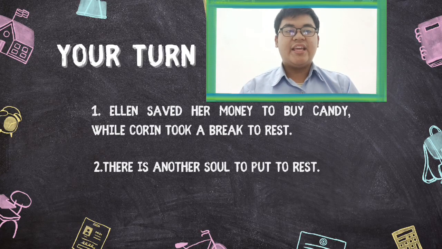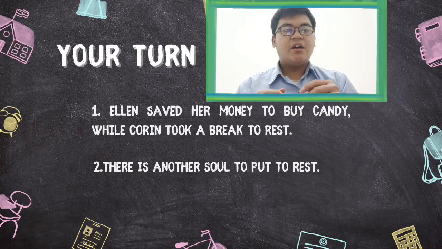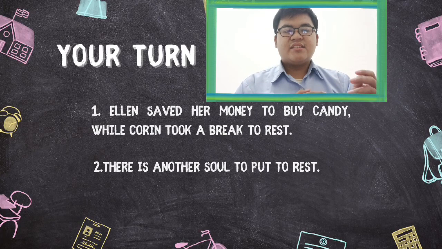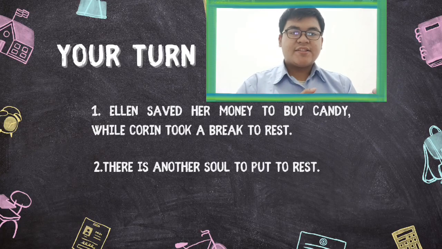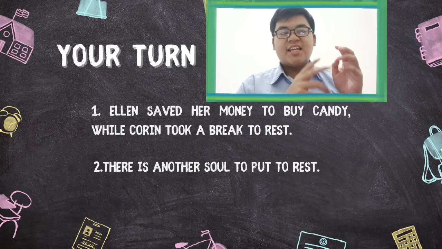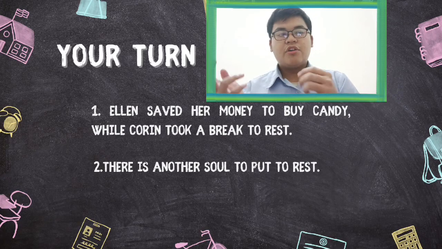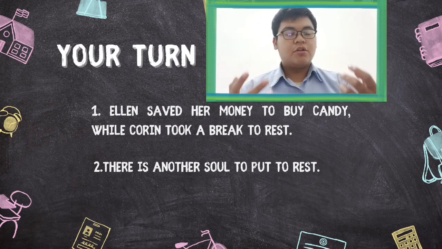The real subject is another soul, and the verb is it is. Then which one is the to-infinitive in this sentence? To put or to rest? If we analyze this sentence, the to-infinitive is actually both of them. It can be to put or to rest, or both of them.